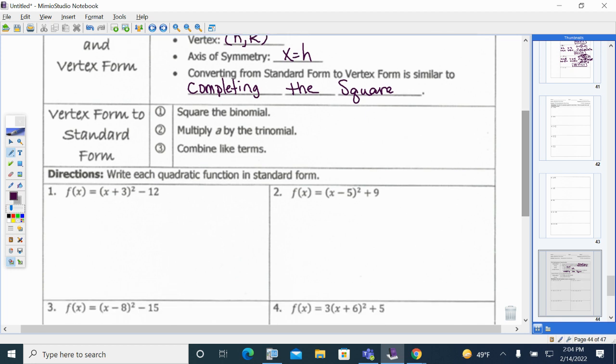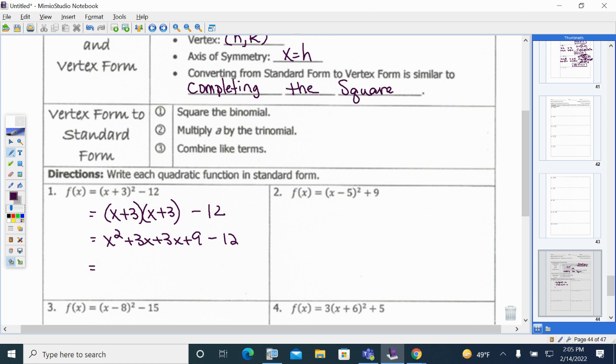In example number 1, f of x equals (x plus 3) squared minus 12. We take the x plus 3 and square it. Remember, exponents come first, so I'm going to do that first, leaving the minus 12 hanging out for a minute. x plus 3 times x plus 3 is x squared plus 3x plus 3x plus 9, and then bring down the minus 12.